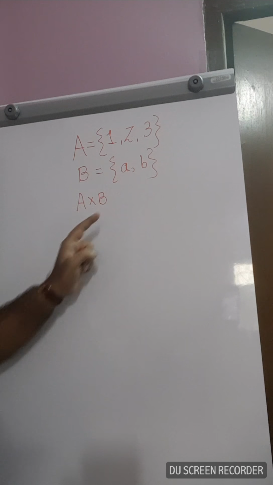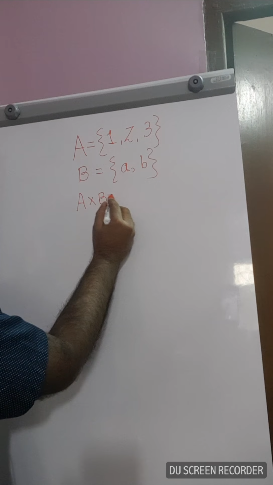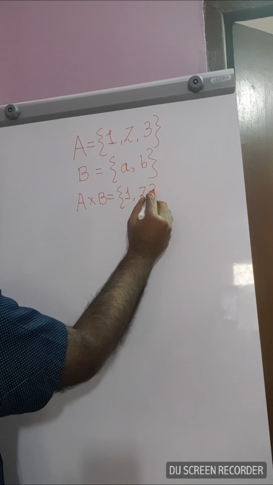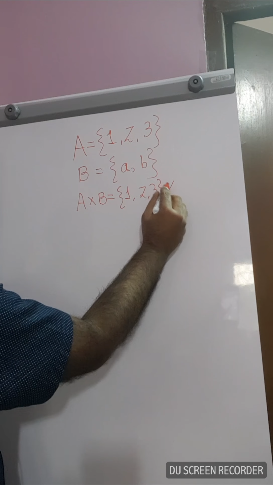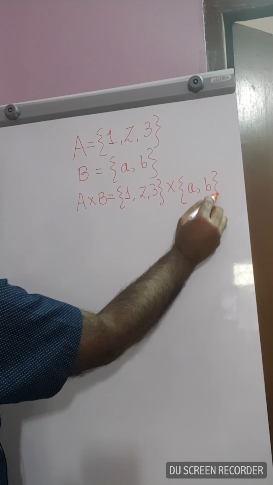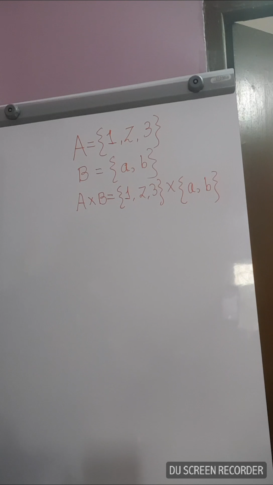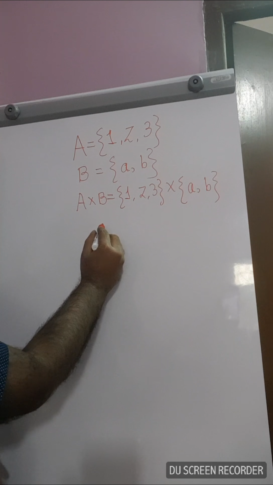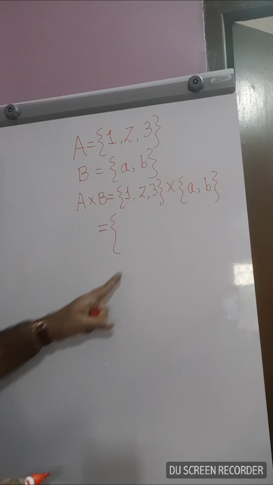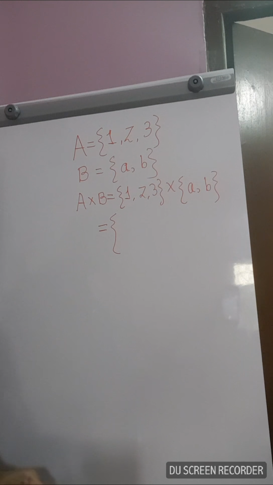So here A cross B is equal to the set A, that is 1, 2, 3, multiplied by the set B, A comma B. Now here the result is also a set, but this set has some specific properties.